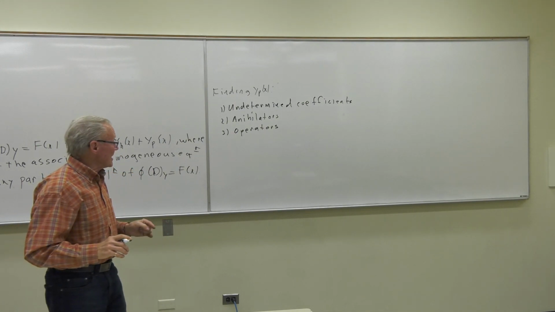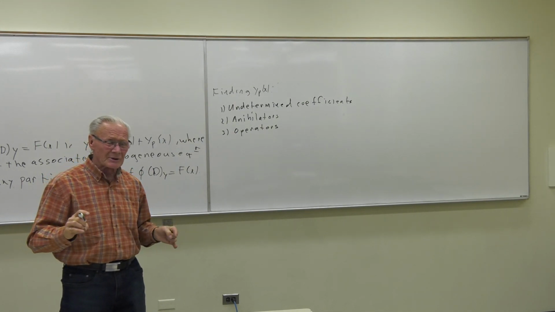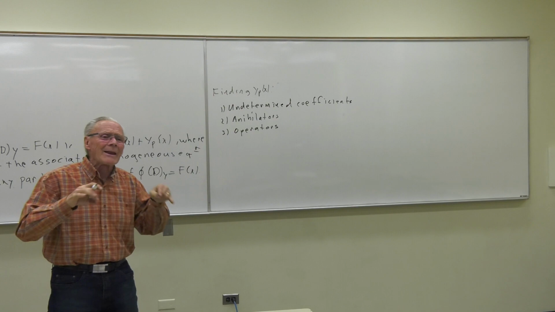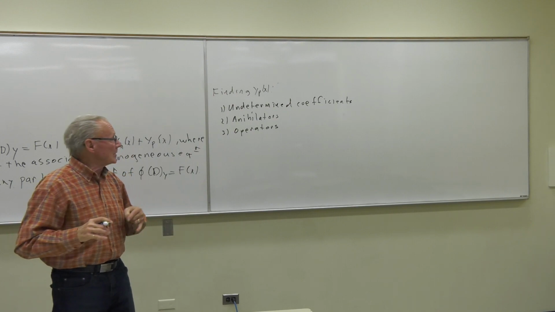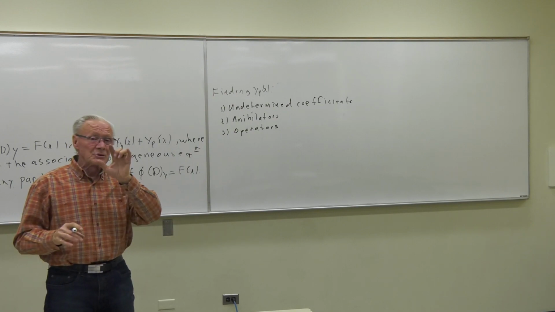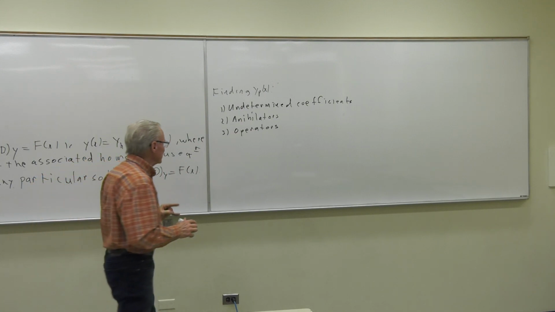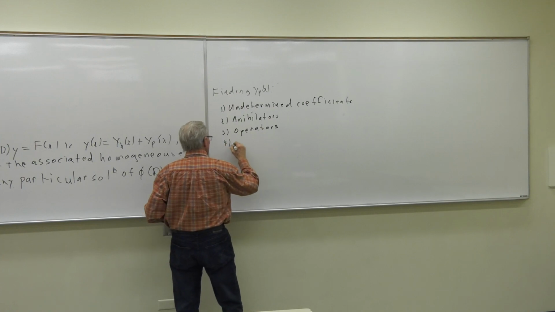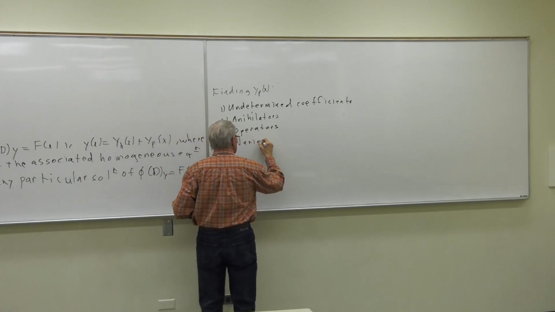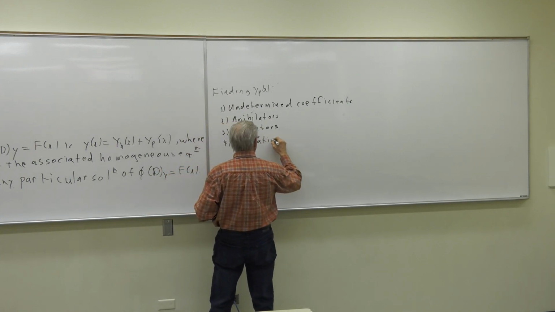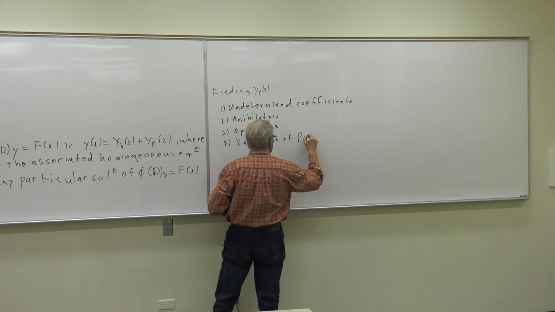I put it in the textbook because mechanical engineers told me once upon a time they like this method. So I included it in the book. But you're not responsible for it. You want to learn it? Fine. But you don't have to. And four, another method is called variation of parameters.